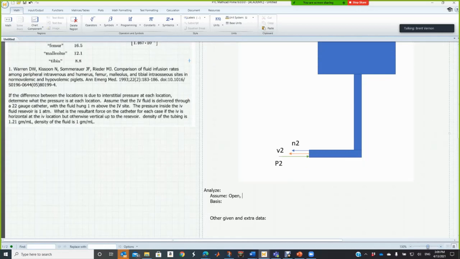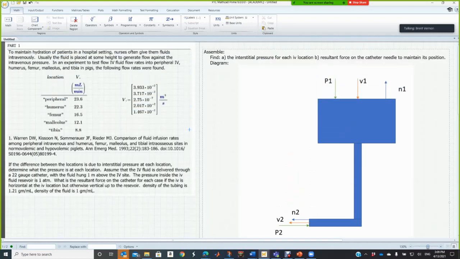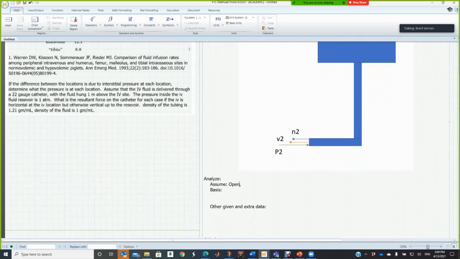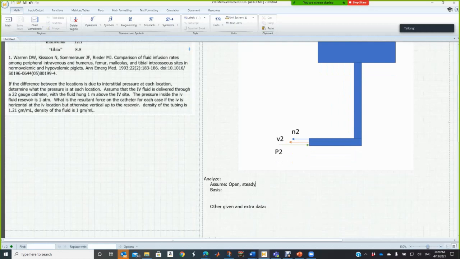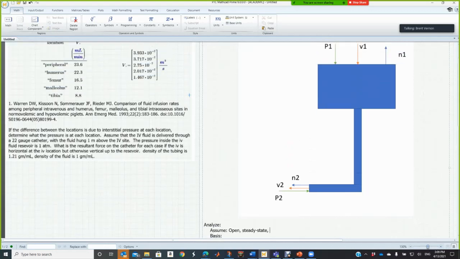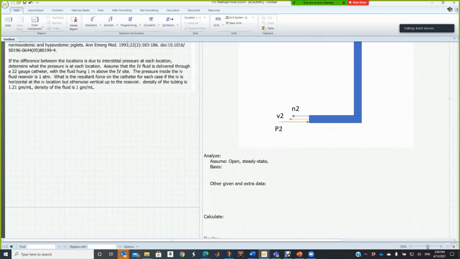You can see it's leaving the system down here at the bottom. It's going to be steady state. We're assuming that it's getting to this volumetric flow rate here and staying there. So this is going to be steady state. Also, for purposes of being able to use the Bernoulli equation, we're going to assume that the fluid flow in this system is inviscid and it's an incompressible fluid.